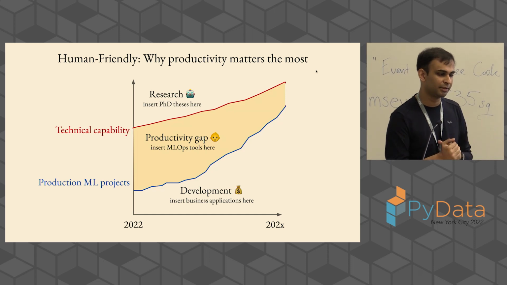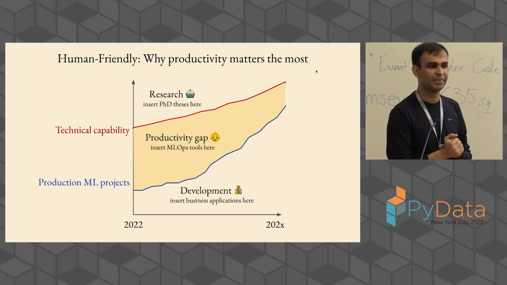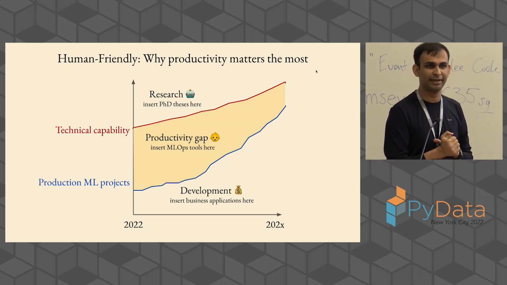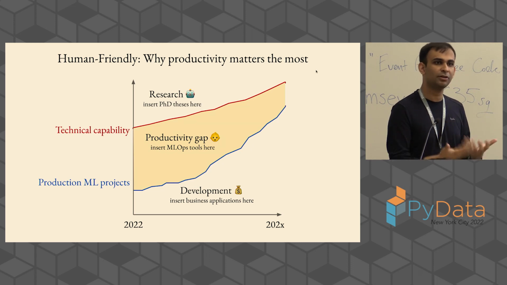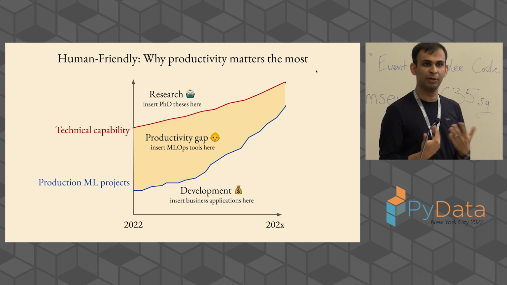Businesses progress and mature, and every 1% of gain in any specific business metric requires a lot of heavy duty work. Maybe you can't always rely on any closed form solution. So there's a huge demand for investing in machine learning. And the big gap that we see is that of productivity.